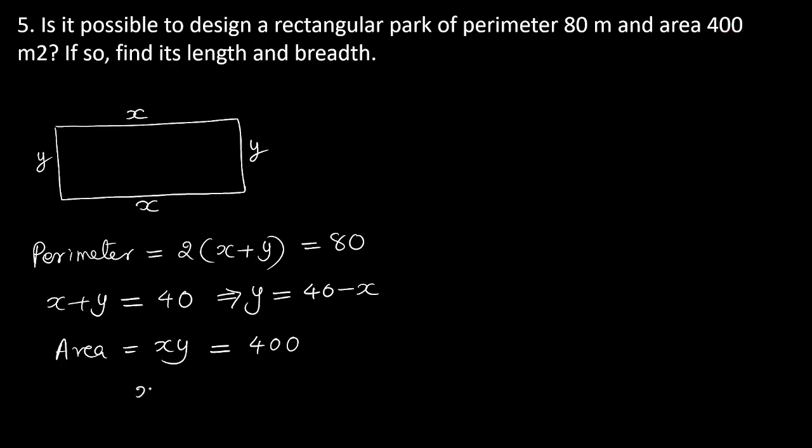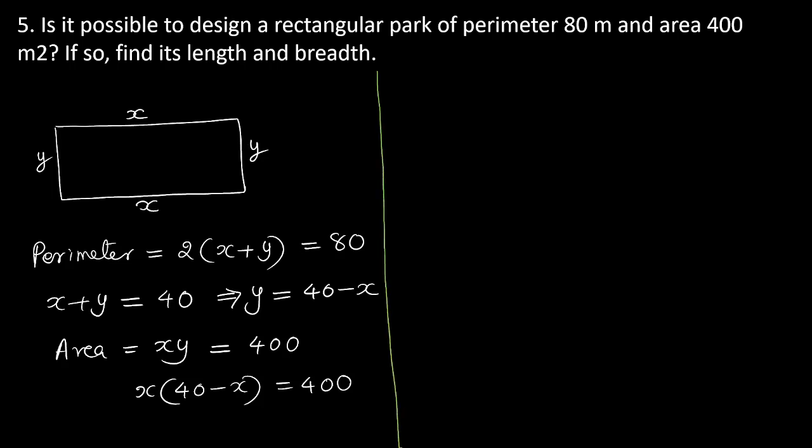So that is x into, what is y? y is 40 minus x, so y is written as 40 minus x, equal to 400. I hope you have understood till this step.